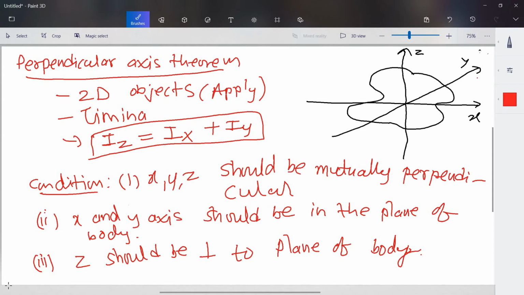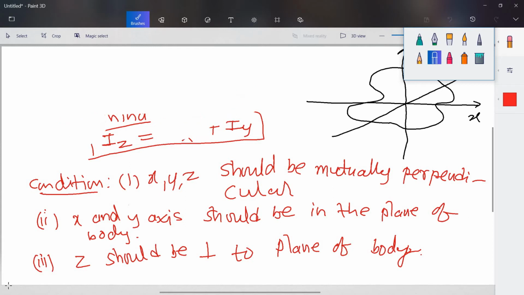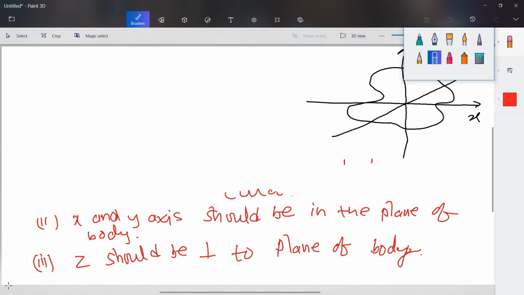Let me erase. Okay, let's see the proof of this perpendicular axis theorem, which is very easy.